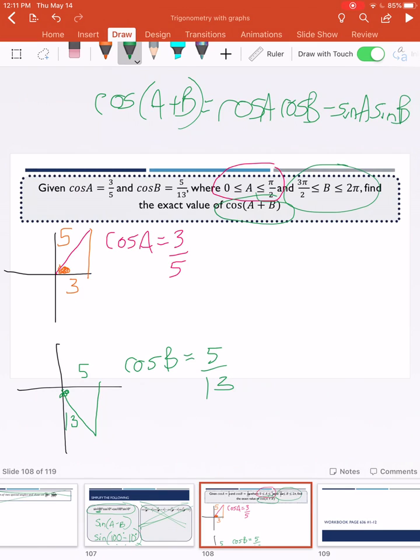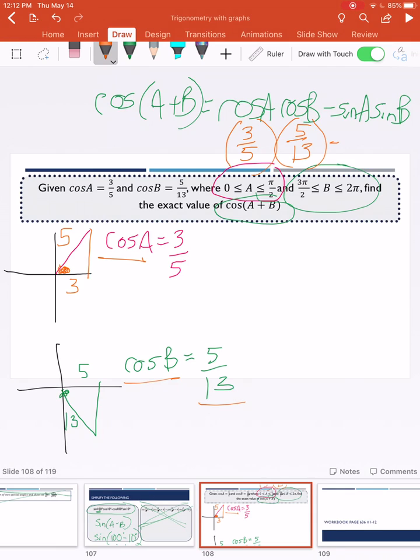So again, those are my angles, and I can fill in the ratios, right? That's what I'm doing here. I already know cos A equals 3 over 5, so I can replace cos A with 3 over 5. I know cos B equals 5 over 13, so I can replace cos B with 5 over 13. But I don't know what sine A equals, so I'm going to go back to this picture I drew and figure it out.